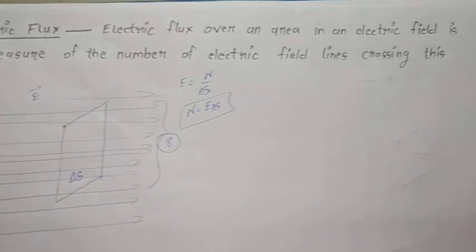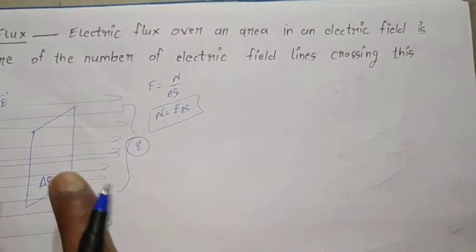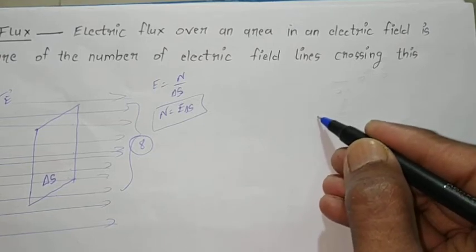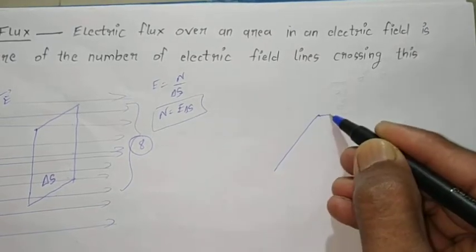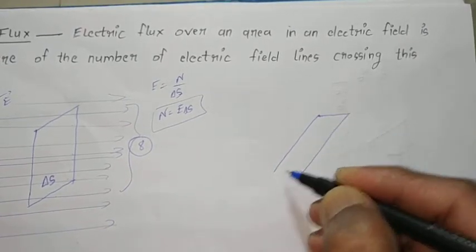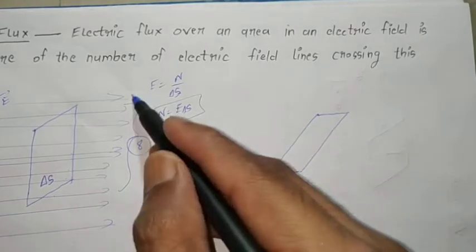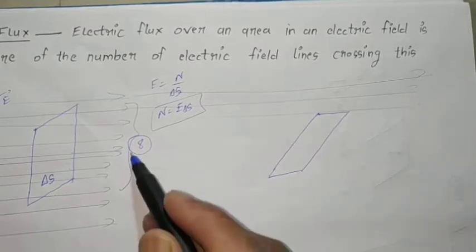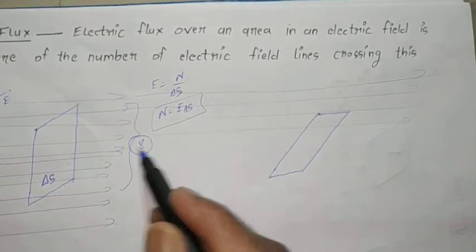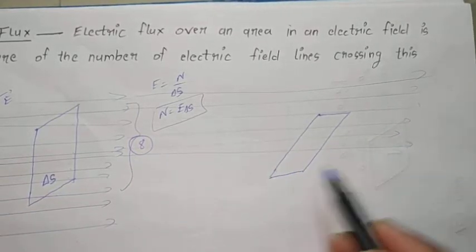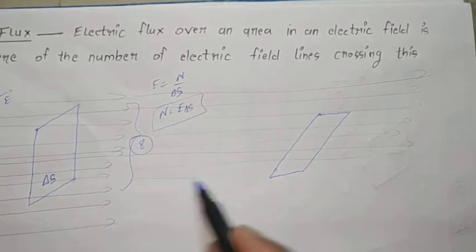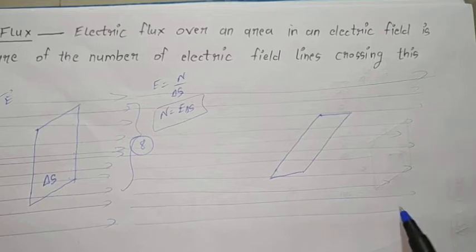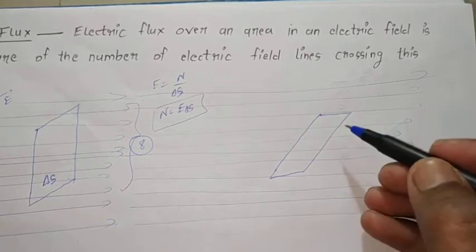Now if I am changing the area, I am just tilting this surface like this. Now the same field lines are coming here. Now count this.